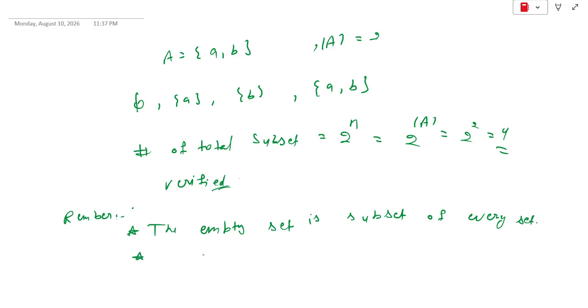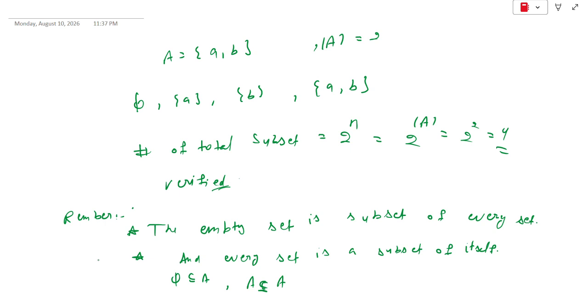Second, every set is a subset of itself. Also, we write phi is a subset of A, and A is also a subset of A. These two facts are very important and you should remember them.